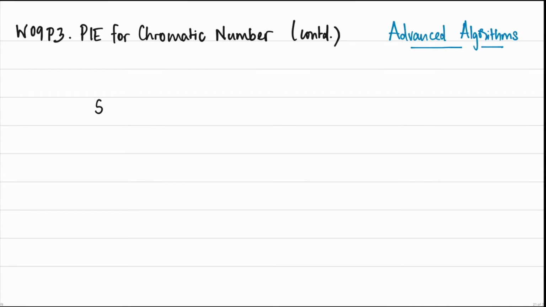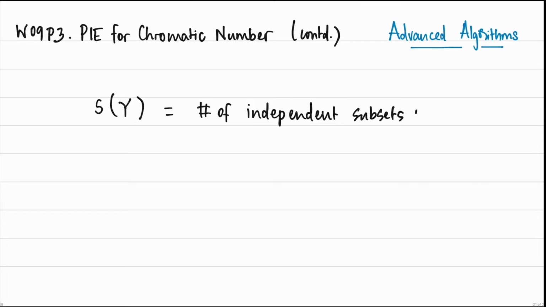So again, let S of y denote the number of independent subsets of y, where y is some subset of the vertex set of our graph. Now, can you think of a recurrence that captures the quantity S of y?